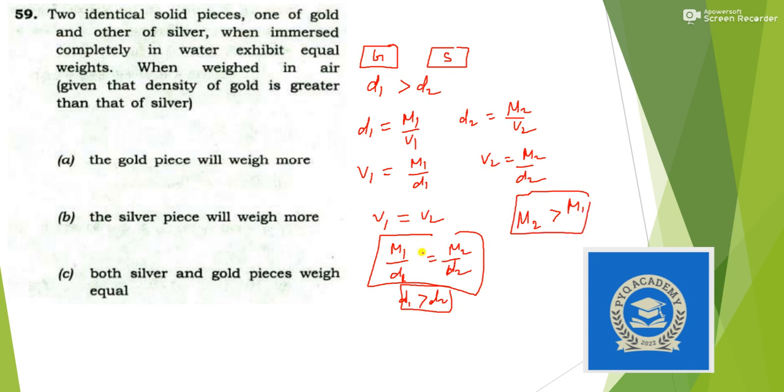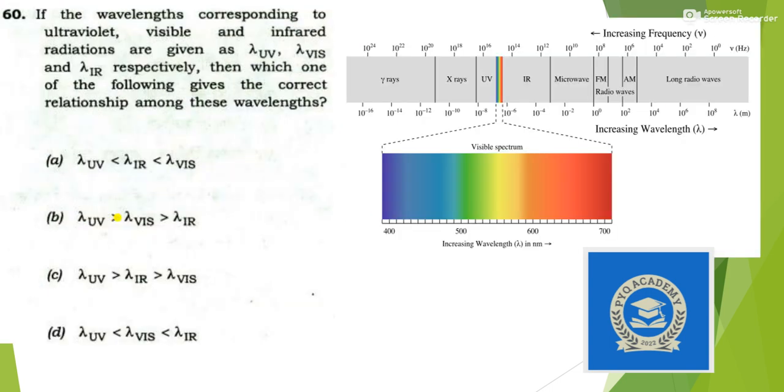Only then can the two sides be equal, because if d1 is greater, then m2 should be greater for the ratio to be equal. So the mass of the silver piece will be greater than that of the gold piece, meaning it will weigh more. So the answer is option B. Okay, let's move to the next question.